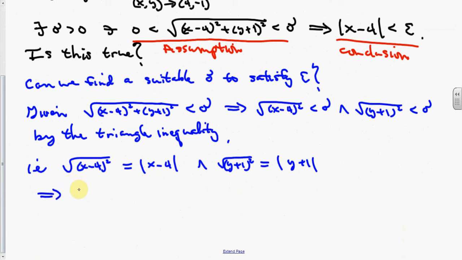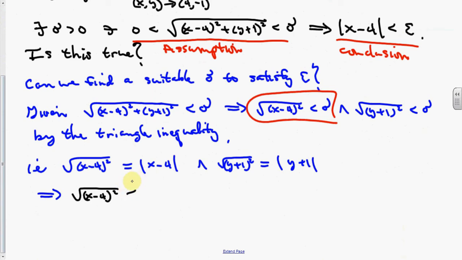I'm looking at this piece right here, we get the square root of (x minus 4) squared.